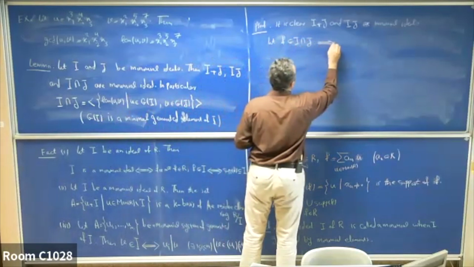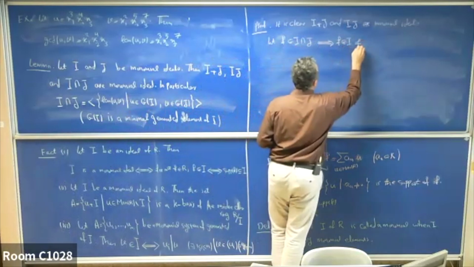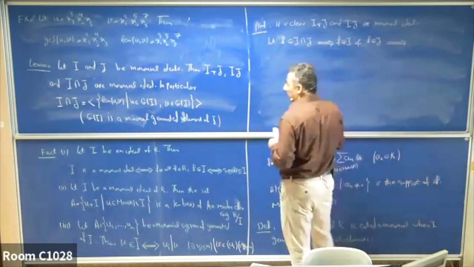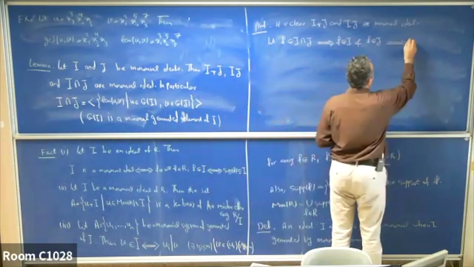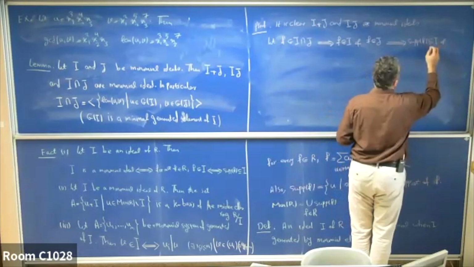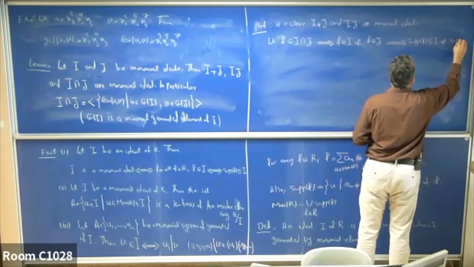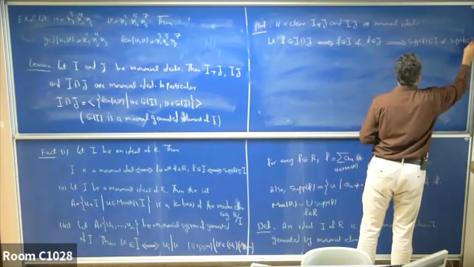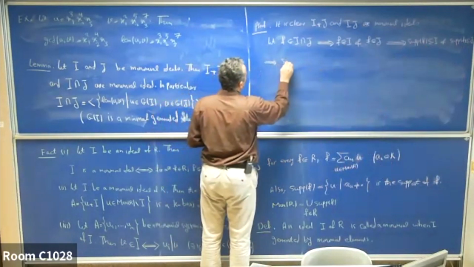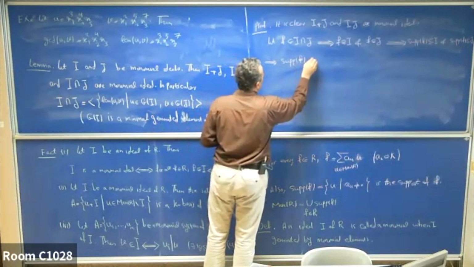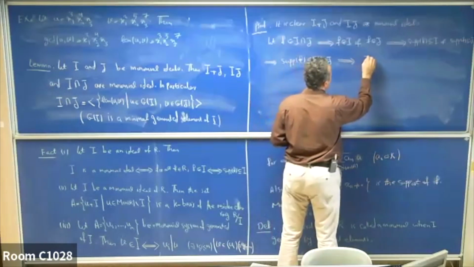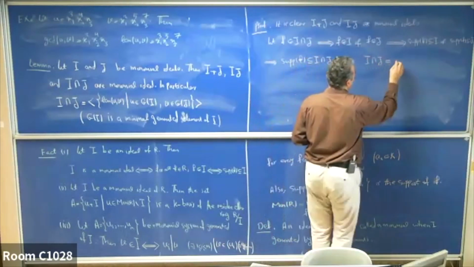Then we have f in I and f in J. Since f is a polynomial with monomial support, the support of f is contained in I and the support of f is contained in J. Then the support of f is contained in I intersection J. So I intersection J is a monomial ideal.